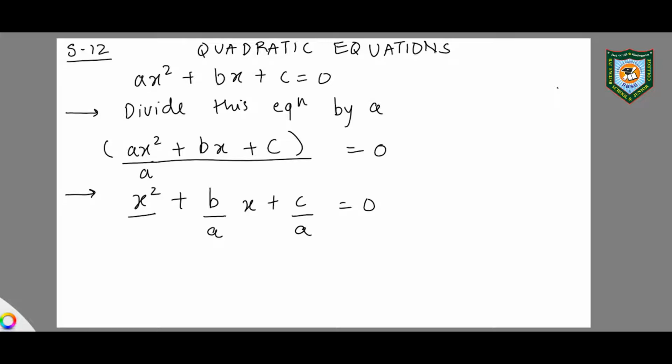So we have to pick the coefficient of x. So here I have half into b by a whole square, which is equals to b square divided by 4a square. I'm going to add this value to both sides.